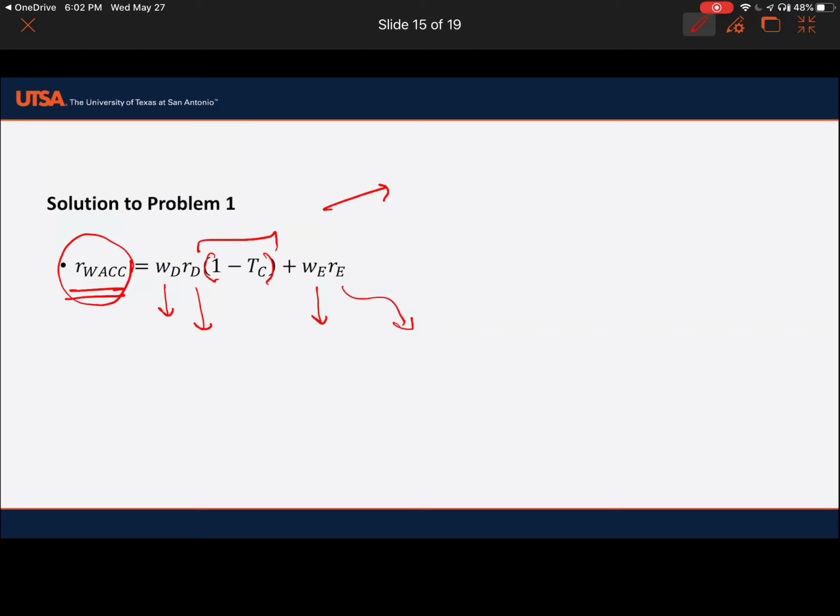In other words, we need to take care of the interest paid on debt, and because this interest is paid, tax is subtracted from the cost.